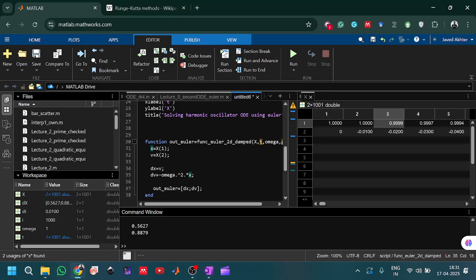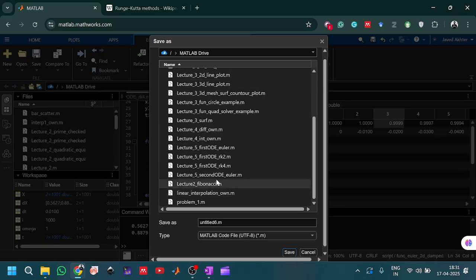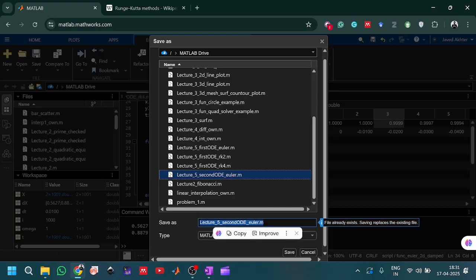So you have to write down minus gamma and multiply it with v. If I run it, let me write down the name, second ODE Euler, and down here damped.